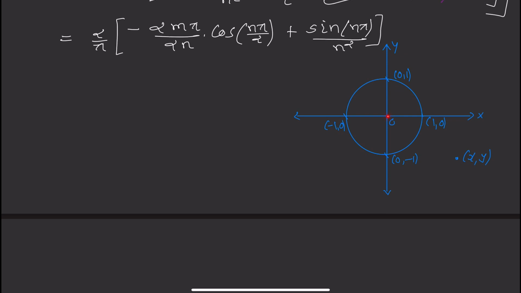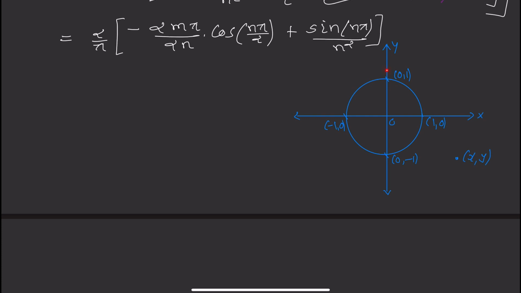This is theta equal to 0, then pi by 2, then this is 2 pi by 2, which is pi, 3 pi by 2. So let me write, this is theta equal to 0, theta equal to pi by 2, theta is equal to 2 pi by 2, theta is equal to 3 pi by 2, then theta is equal to 4 pi by 2, which is same as 2 pi, which is 0.